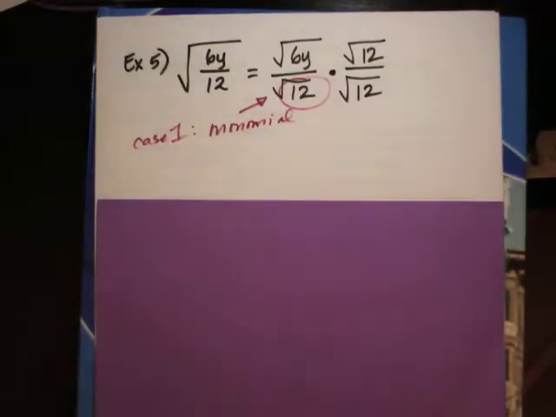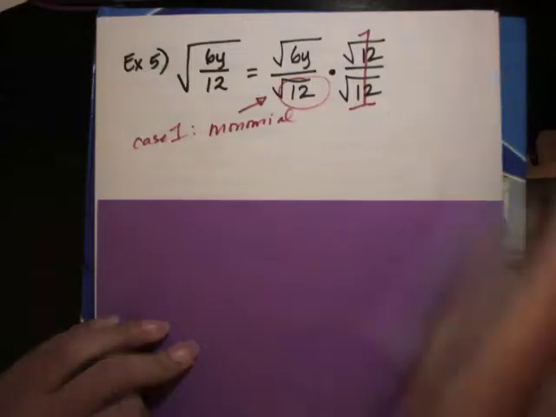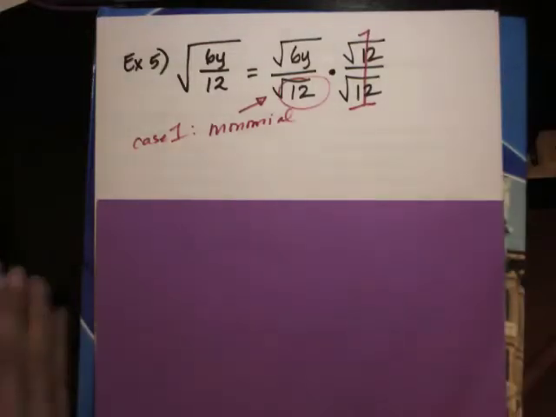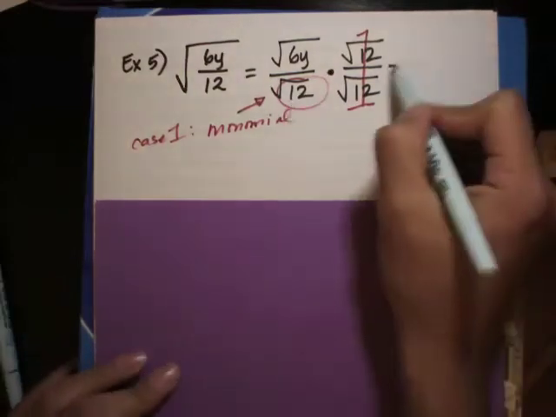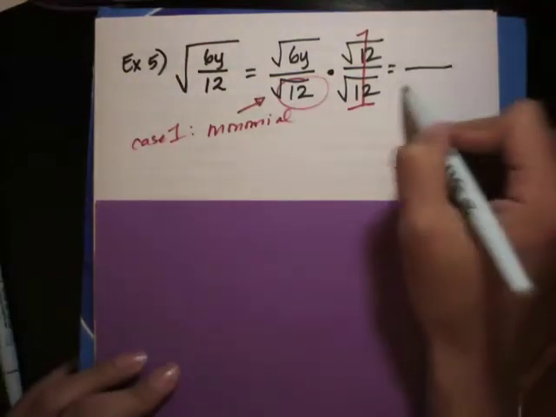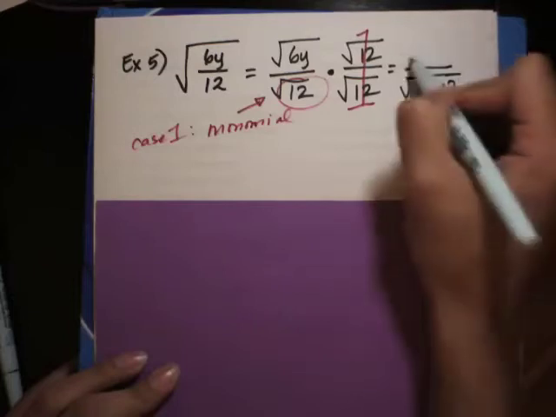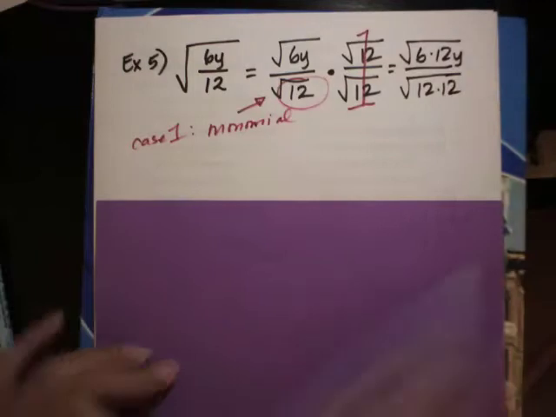And the reason why we're doing this is that this is equivalent to 1. We are not changing the value, we're just removing the radical symbols, because radical 12 times radical 12 will give us our pair. 6 times 12y.